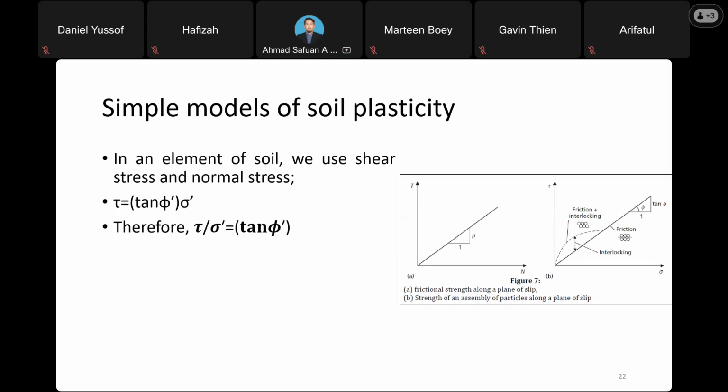So on a plane of soil, we use the shear stress and normal stress, where tau is equal to tangent phi times the effective normal stress, sigma prime.